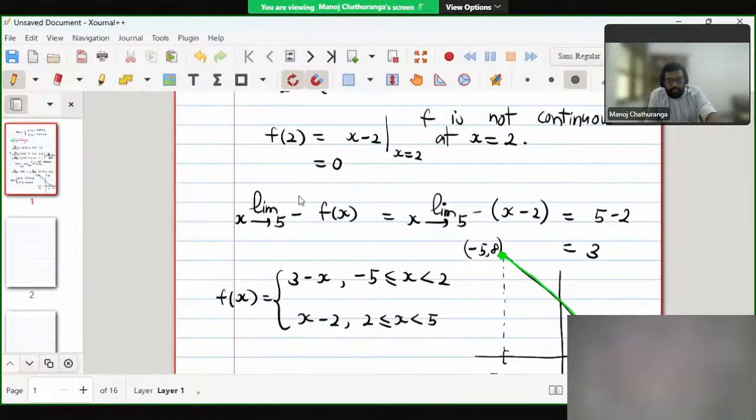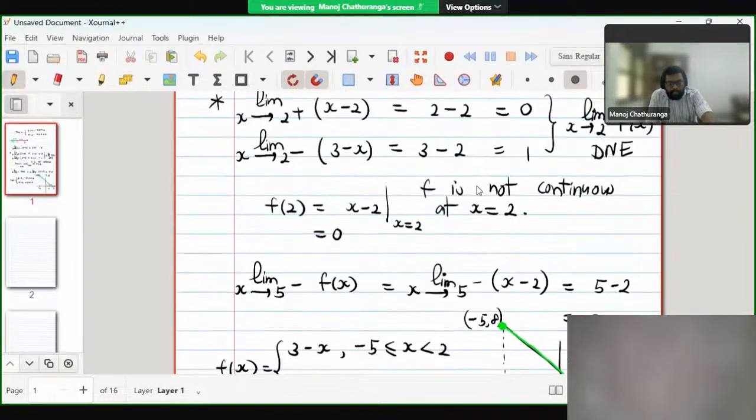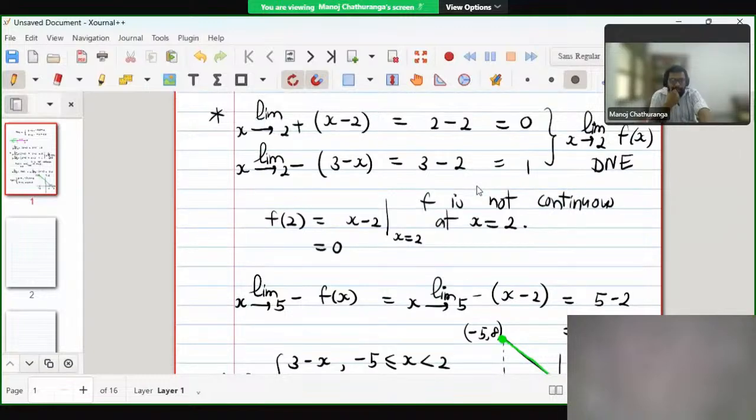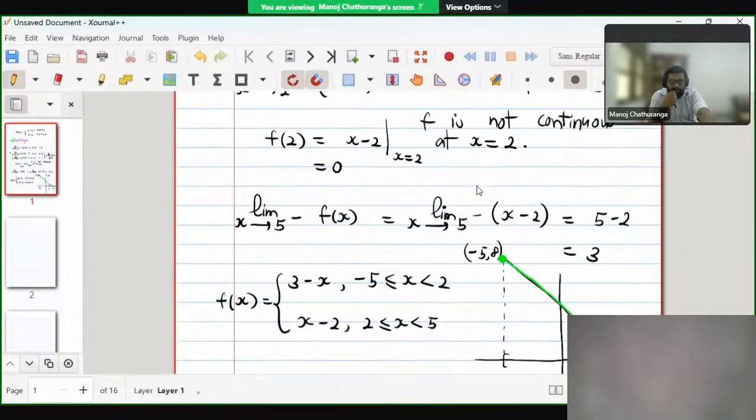Then for the other part, the right limit of f at 2 is 0.